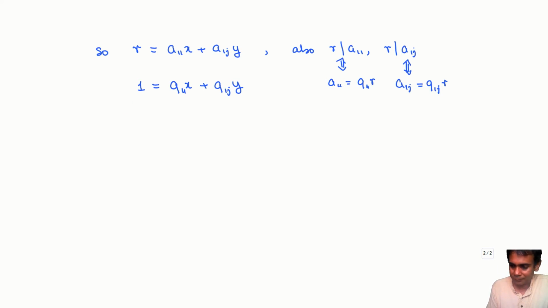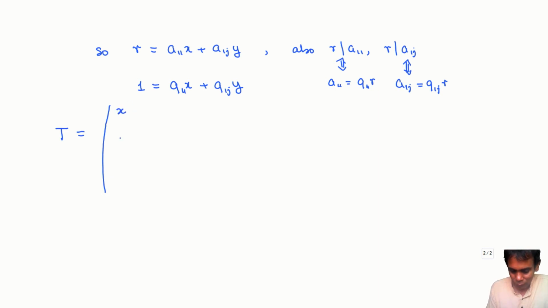Now I'll construct a matrix T. Instead of doing column operations, I'm going to be right multiplying by this matrix T, which is of the following form.